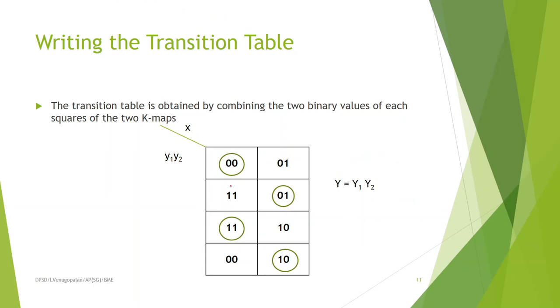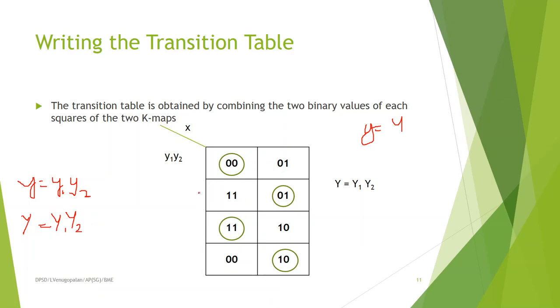In my earlier video I said that in order to analyze stability, my small y has to be equal to my capital Y. So in this scenario, my small y is y1, y2, and my capital Y is capital Y1, capital Y2.